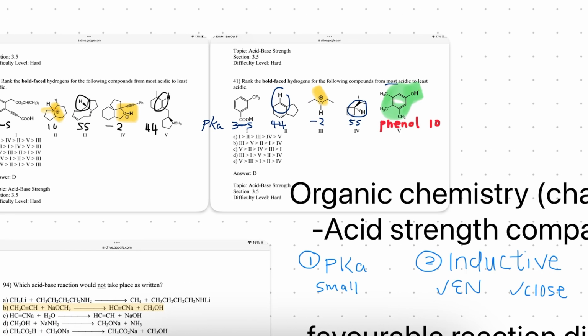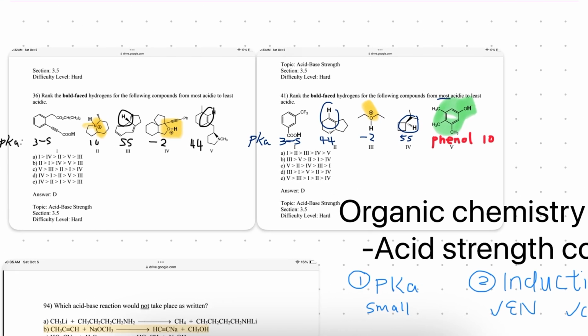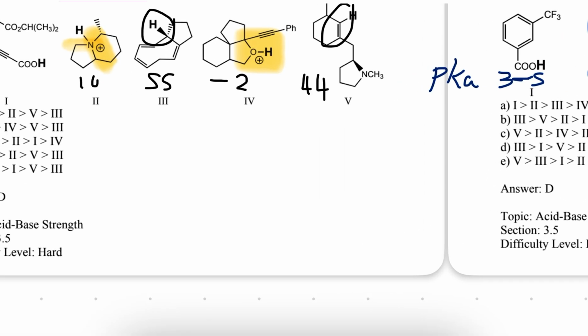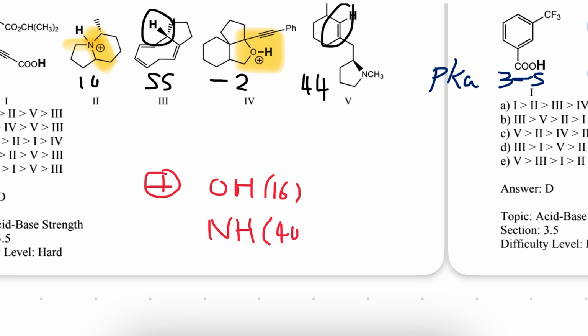So the biggest takeaway from these two examples is really to watch out for the reading comprehension within the molecule. If there's a positive charge on an OH or an amine-looking thing, it's no longer going to be a pKa of 16 as per an alcohol, and 40 as per an amine. It's going to become a protonated alcohol of pKa -2, and here it's 10.